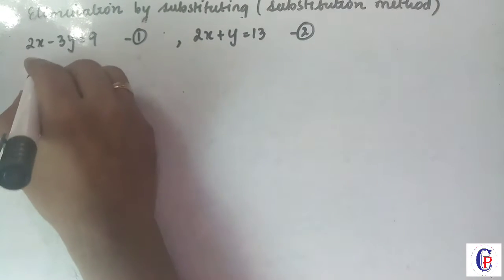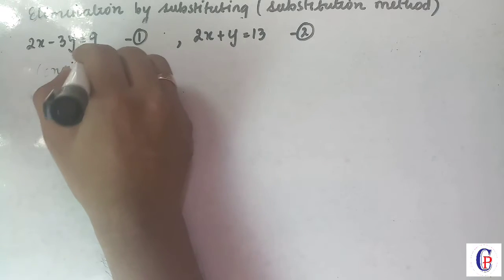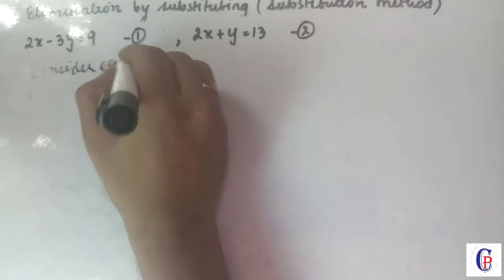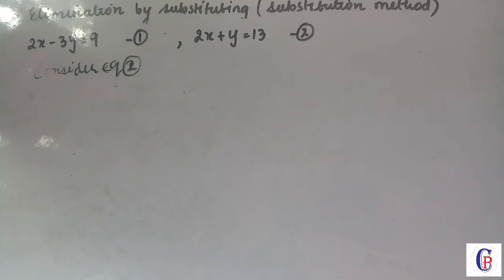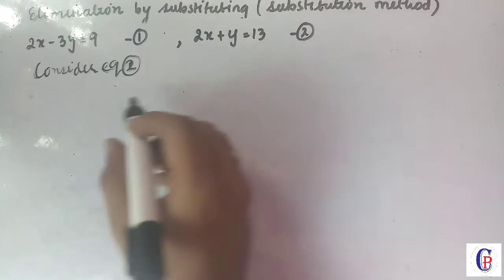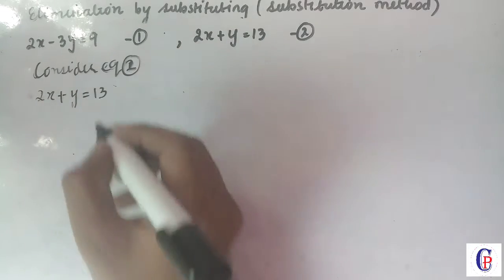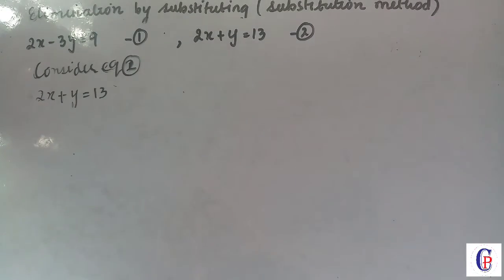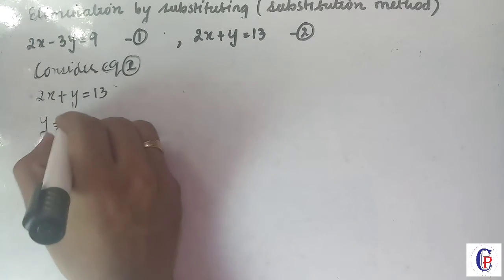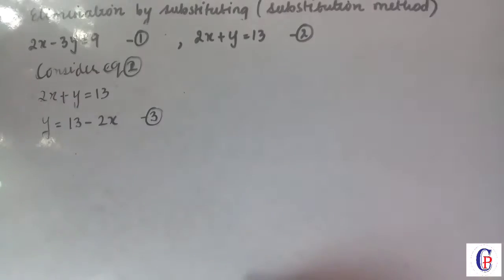So we'll consider equation 2, and we will write this second equation, which is 2x plus y is equal to 13. And what we have to do, we have to keep the variable with coefficient 1 on one side and other terms on the other side, which is y is equal to 13 minus 2x, and this becomes equation 3.